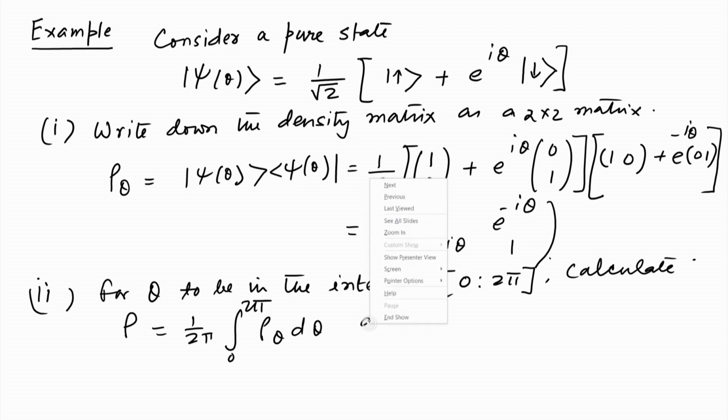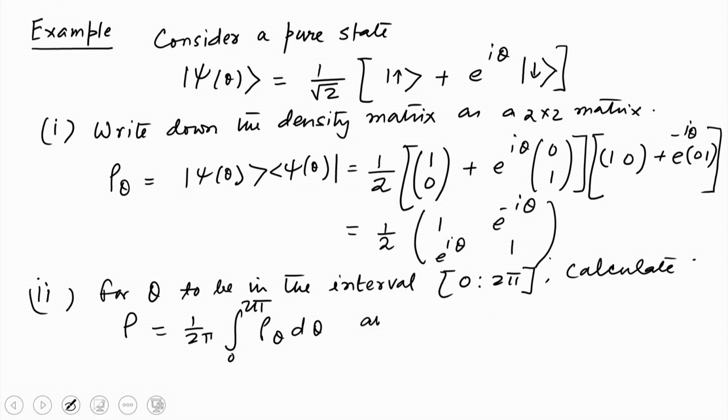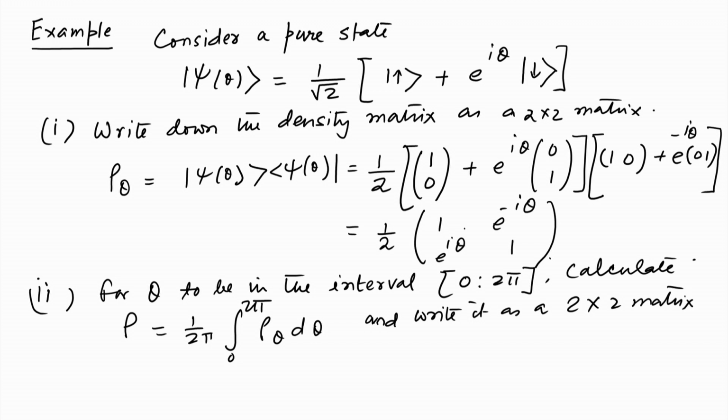Now, write it as a 2 by 2 matrix. That simply says that each of the elements will have to be integrated over 2 pi.